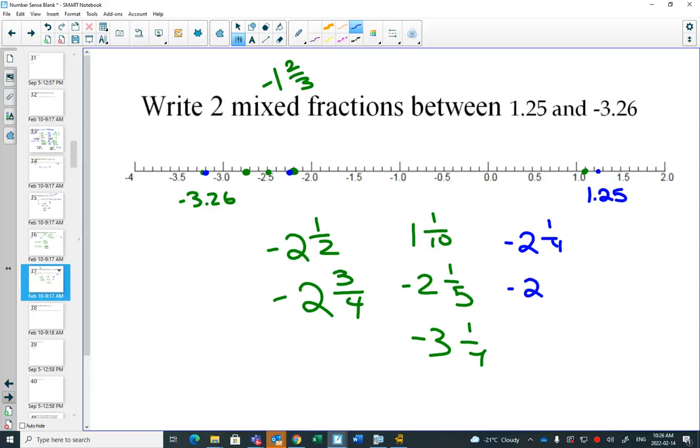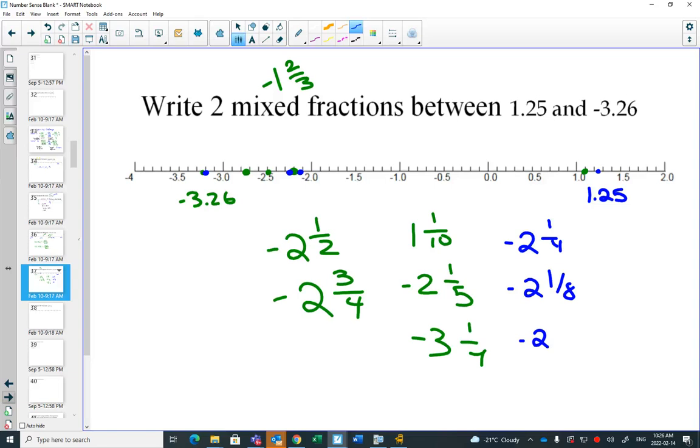-2 and 1/8. Yes, that'll be. It was bigger, but just a little bit. Bigger or smaller? Bigger. -2 and 3/5.